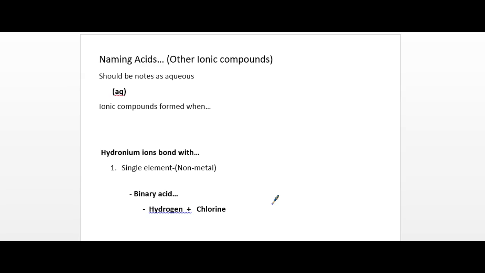As you remember, we had some that were binary, just two elements, so binary. And then we had some polyatomic ions, so we'll just go poly. And then we had transitions, so we just say tran.